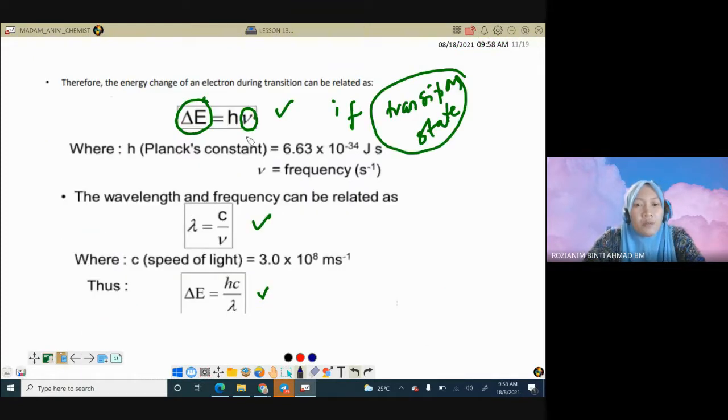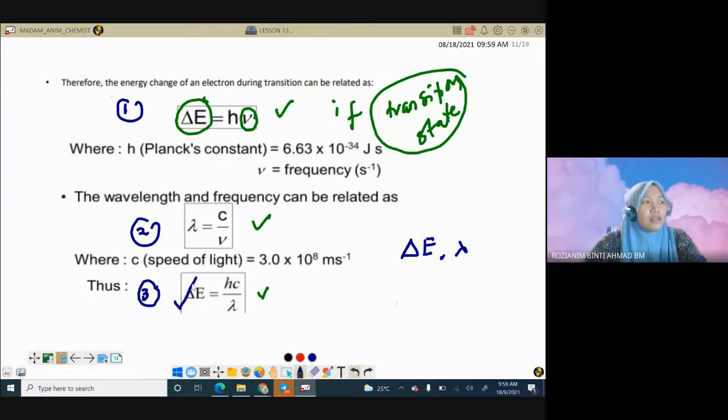Mana formula yang ada relationship changes of energy dan juga simbol wavelength? Number 1, number 2, number 3. Which formula? Number 3. Itu cara guna formula. So you kena tahu apa measurement yang kita nak ukur. So you must use formula number 3 to proceed the B question.